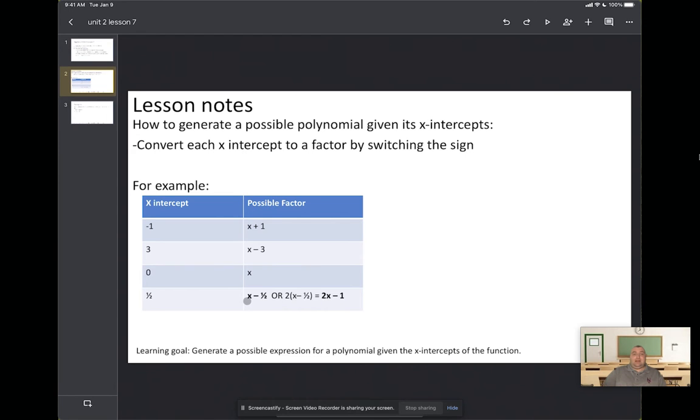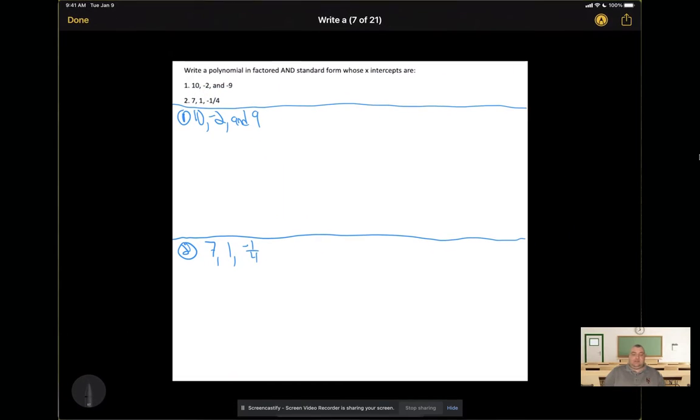So 2 times x is 2x, and 2 times -1/2 is -1. So I have to do an extra step when I have an x-intercept that's a fraction. I do the switching the sign trick, but then I have to multiply everything in that factor by the specific denominator. So with that in mind, let's take a look at the two examples I have here.